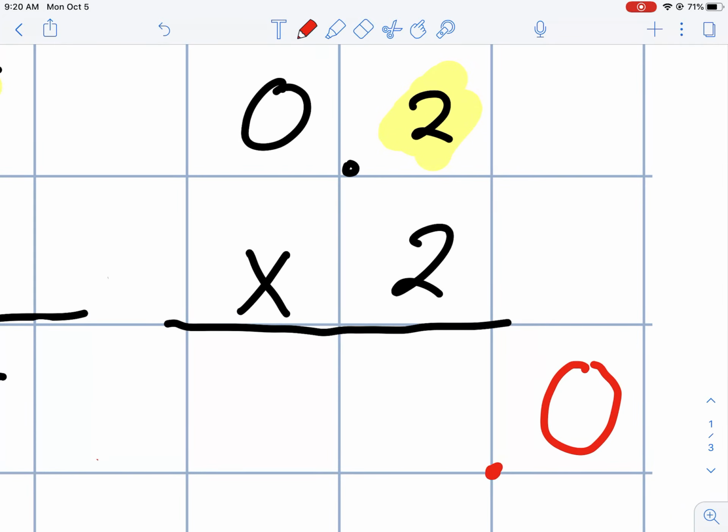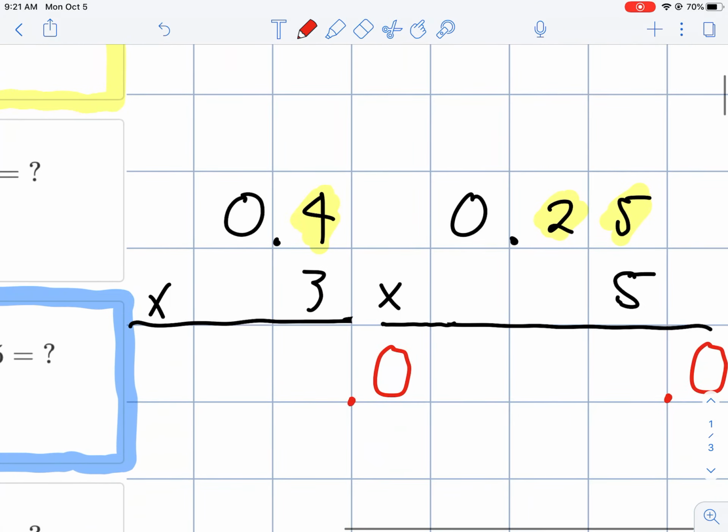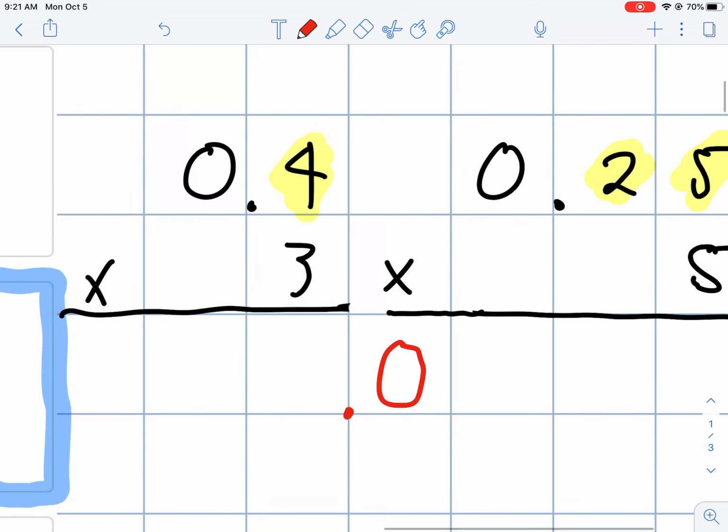2 times 2, 4. But here we have that 1 significant digit, so we shift, and now rather than 4, we have 0.4. Here, 4 times 3, 12.